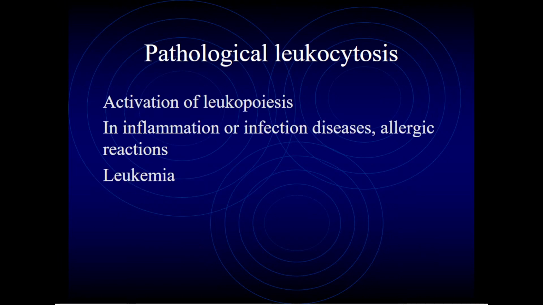Pathological leukocytosis. The pathological leukocytosis will occur in the case of activation of the process of leukopoiesis in inflammation or infection diseases and allergic response, and leukemia or blood cancer.